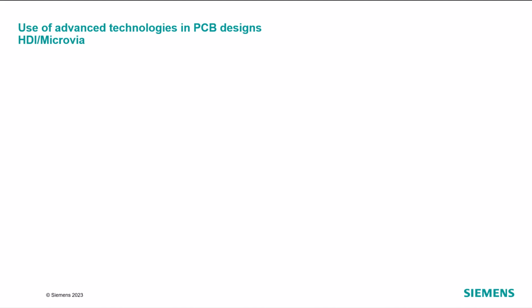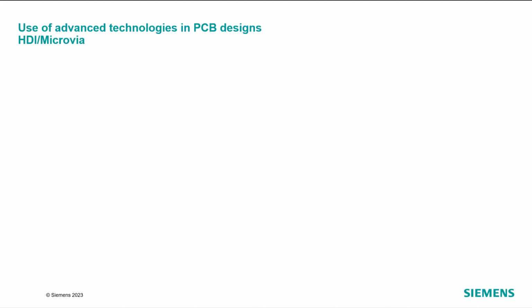We'll start with HDI technologies. HDI stands for High Density Interconnect. HDI technology refers to the use of advanced manufacturing techniques to increase the number of connections, such as traces and vias, that can be made on a PCB, allowing for higher component density and more complex designs.